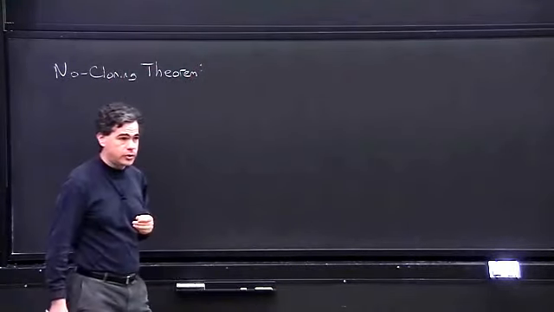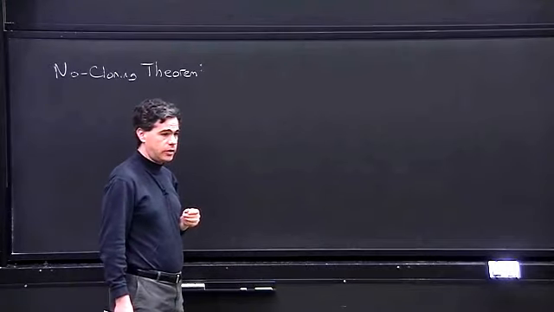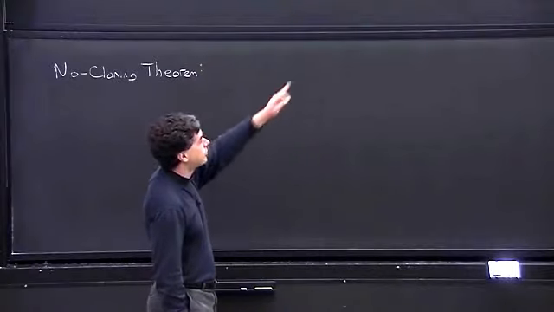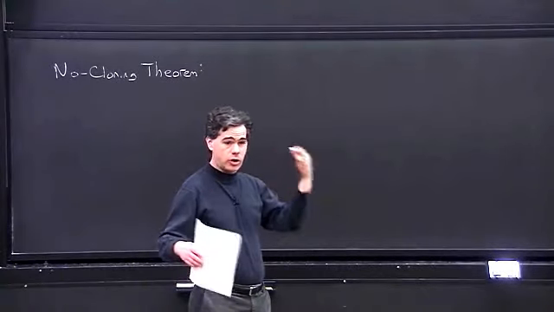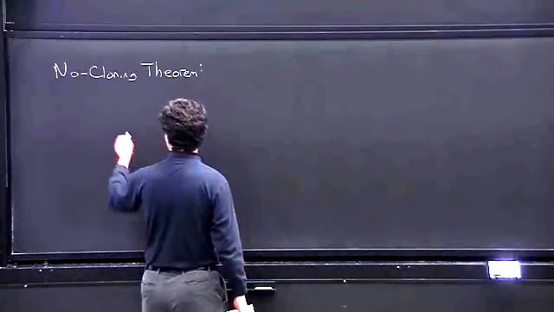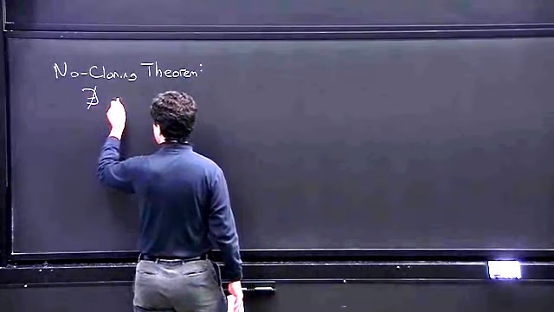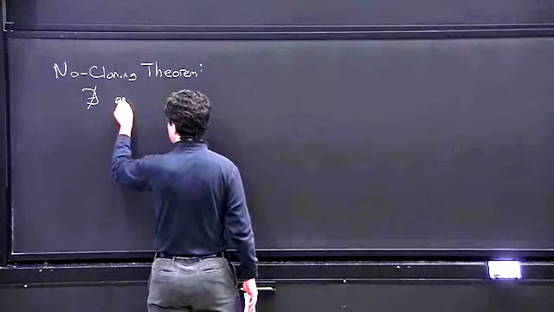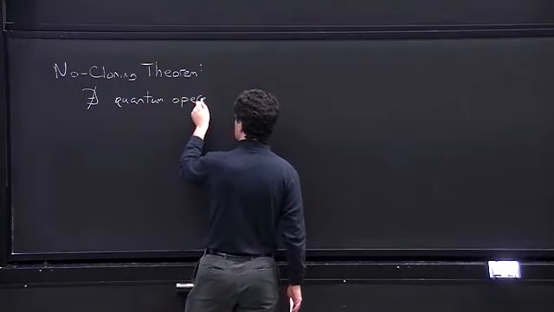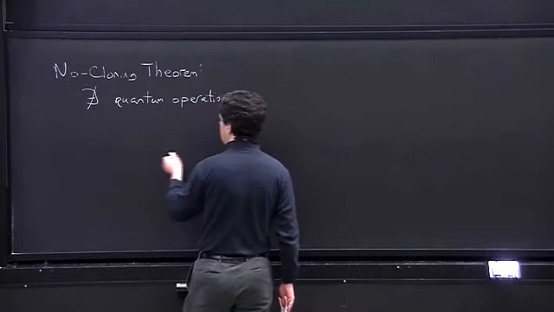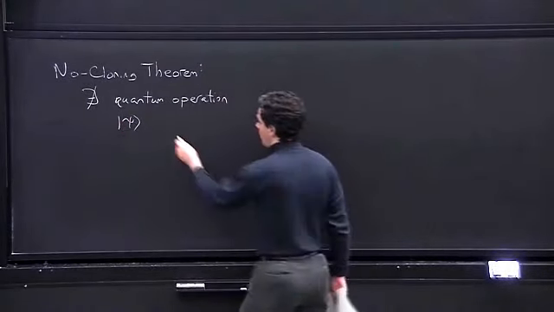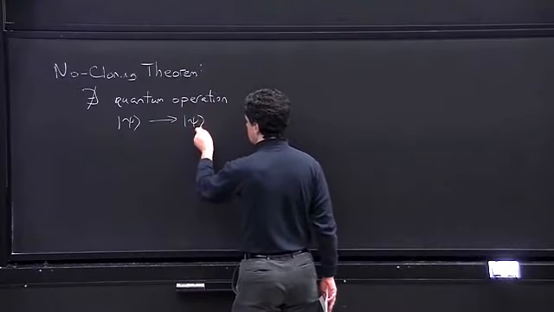The no-cloning theorem says that there is no quantum device, and I'm not restricting just to unitary maps, I'm also talking about arbitrary completely positive trace-preserving maps, general superoperators. So there doesn't exist any quantum operation that takes some arbitrary state psi and maps it to two copies of psi.